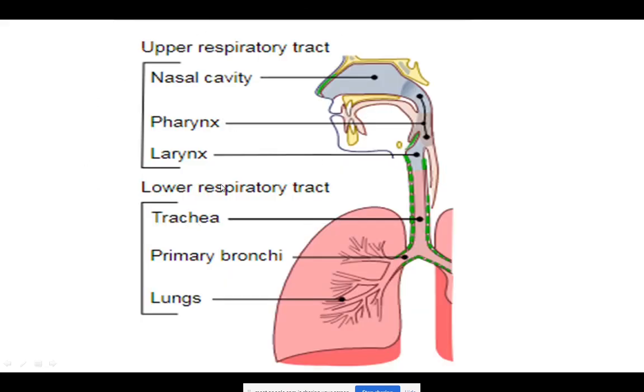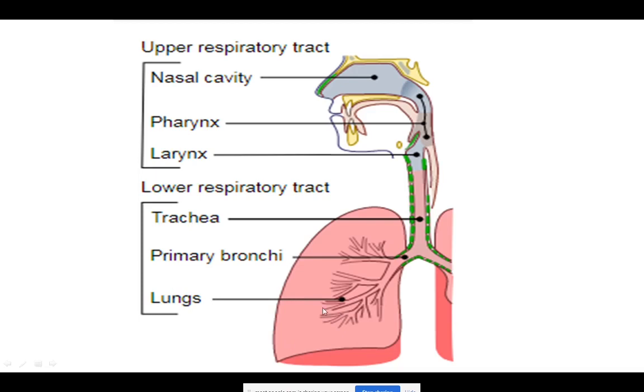What are the structures that form the upper respiratory tract? The nasal cavity, then the pharynx and larynx. The lower respiratory tract is formed by the trachea. For today's class, we are discussing the lower respiratory tract: the trachea, the primary bronchi, secondary bronchus, then the tertiary bronchus, till the end of the alveoli.